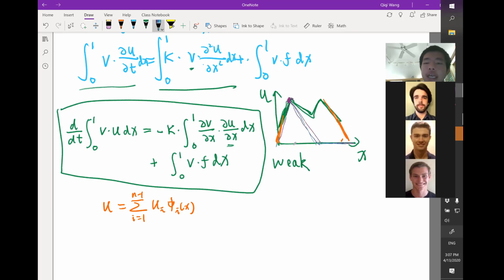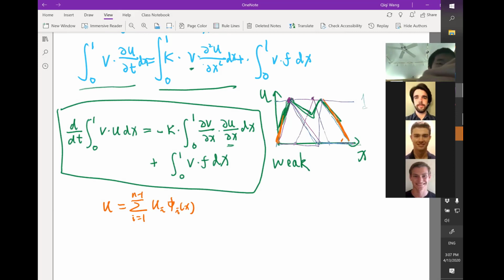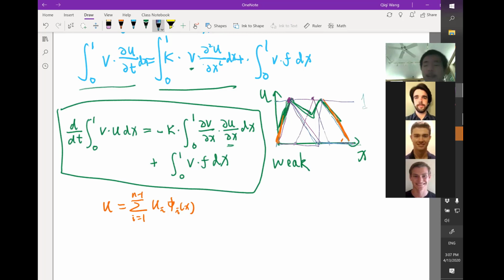Second hat function, it has to be 0 for all but one grid point. And at that one grid point, the value is 1, right? So this is what we call the nodal basis functions that are very convenient, as you've seen last time when we formulated the matrix. The sparsity of the matrix is a direct result of the features of this nodal basis function.